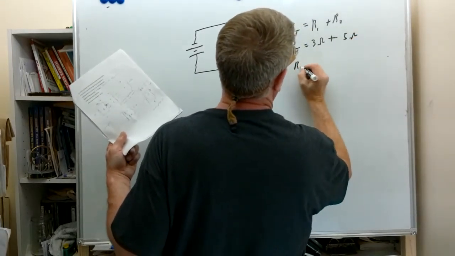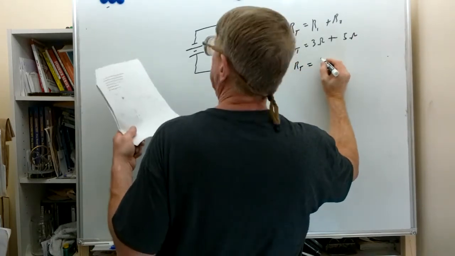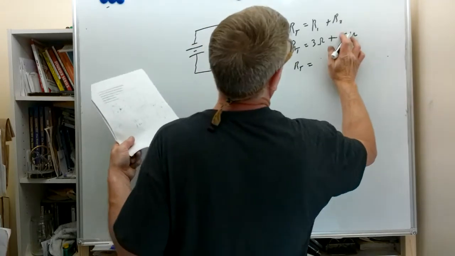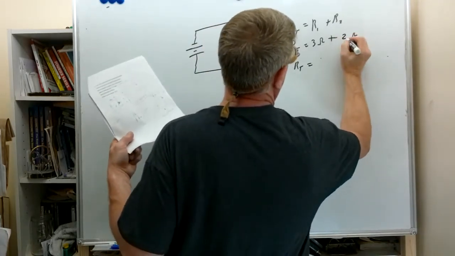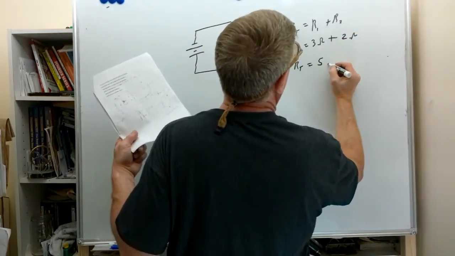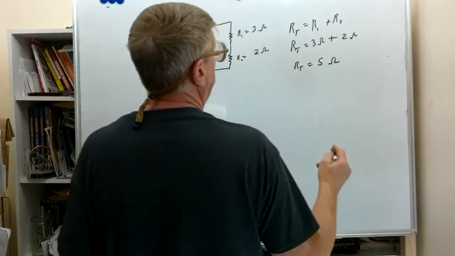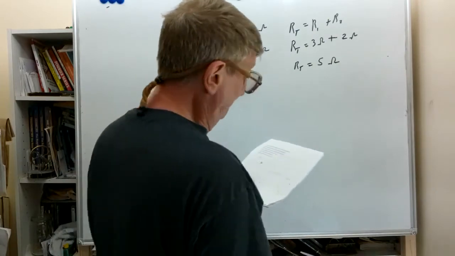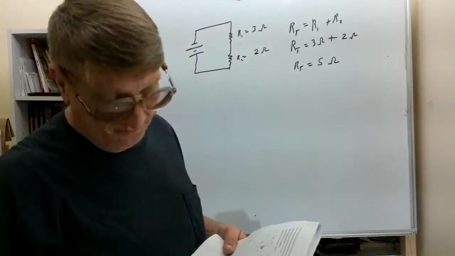So our total is 5 ohms. We had a 3 ohm and a 2 ohm. We add them together, we get 5 ohms.